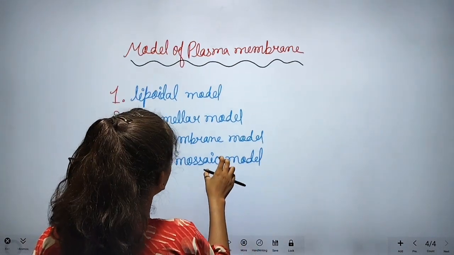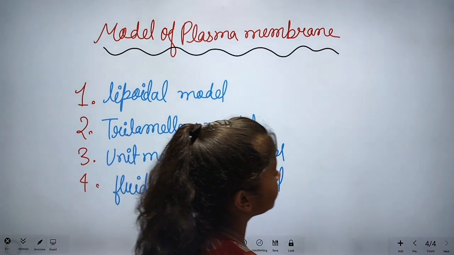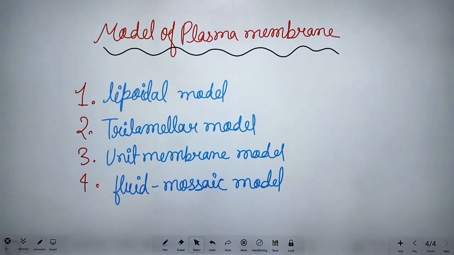Okay, so we can say that these are the models for the arrangement of lipid and protein in the plasma membrane, how they are arranged between each other.